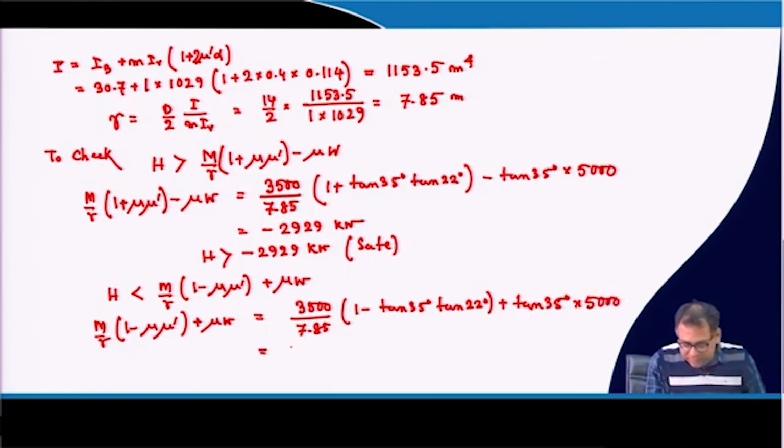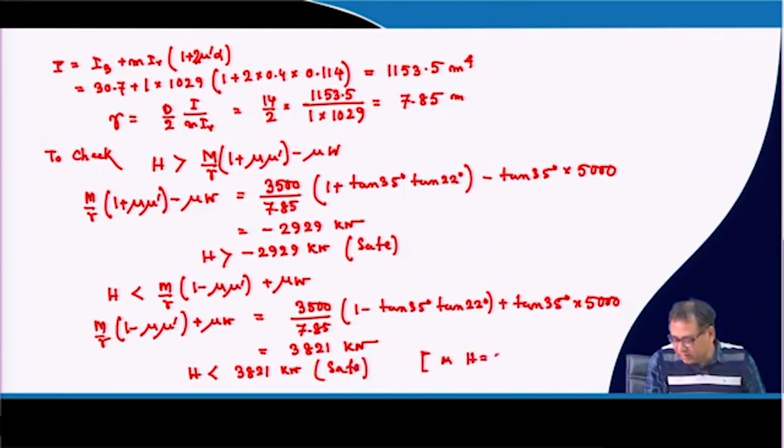So, that is 3821 kilonewton. So, H is less than 3821 kilonewton. That means it is safe, because H is 1000 kilonewton. So, it is safe.